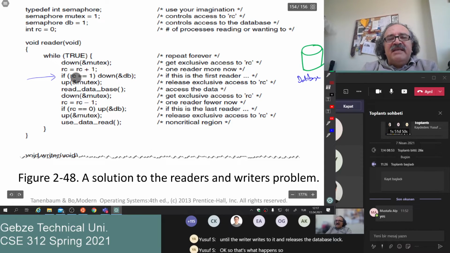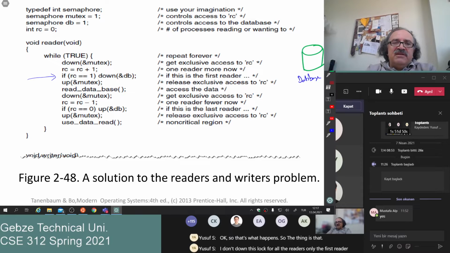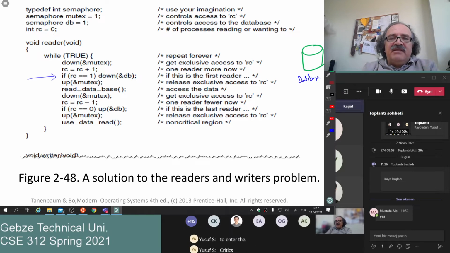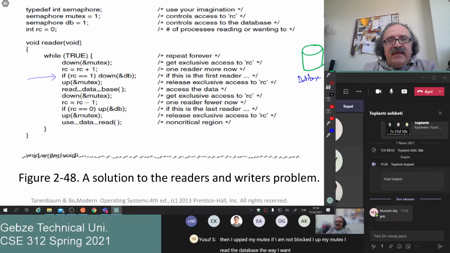So the thing is that I don't down this lock for all the readers. Only the first reader to enter the database is going to down this database. Then I up my mutex if I am not blocked. I read the database the way I want, and then when I am leaving the database, I down the mutex again.